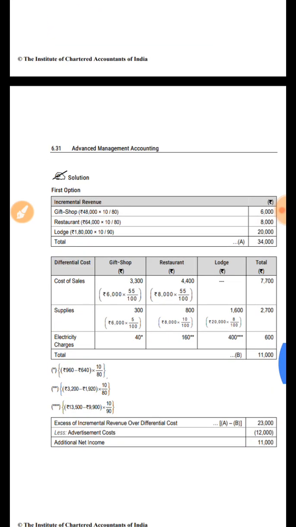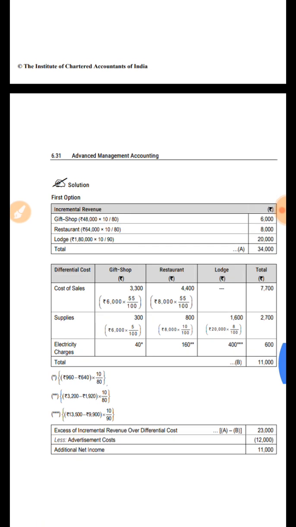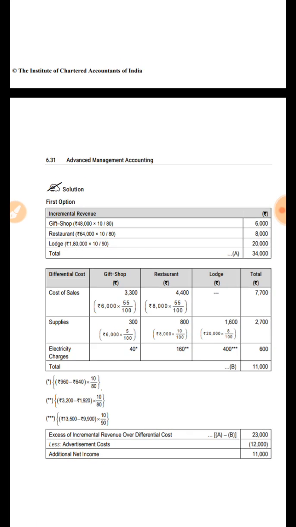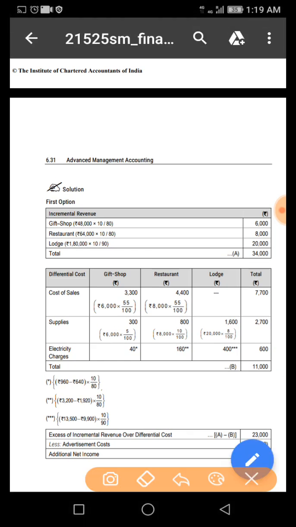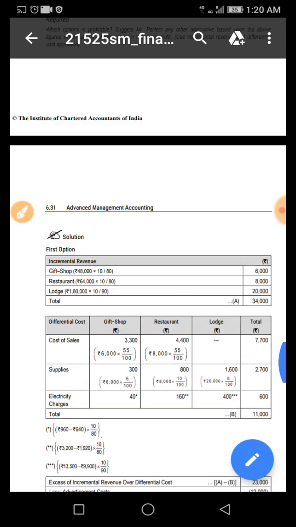Now come here, cost of sales. See, cost of sales 6,000 for gift shop, and for restaurant 8,000. And for lodge, dash, because for lodge nothing is there in cost of sales.